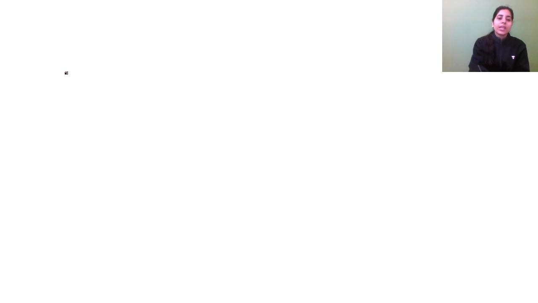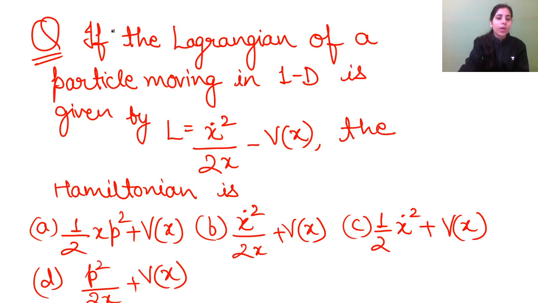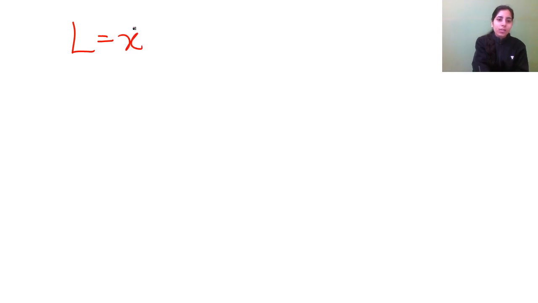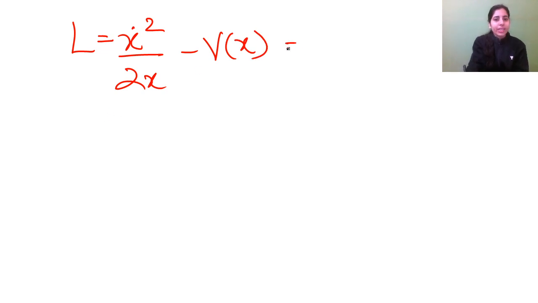See, guys, here the Lagrangian is given to us in the question, which is x dot square upon 2x minus Vx. Clear? And in general, we know that Lagrangian is nothing but T minus V. That means the kinetic energy minus potential energy. Clear? And we also know Hamiltonian is kinetic energy plus potential energy. Clear?